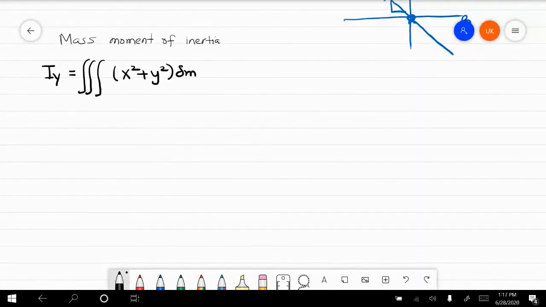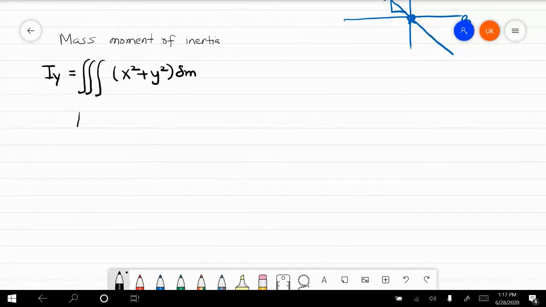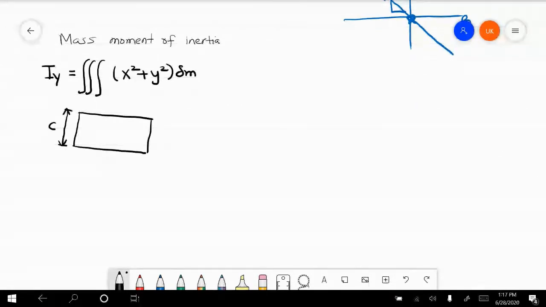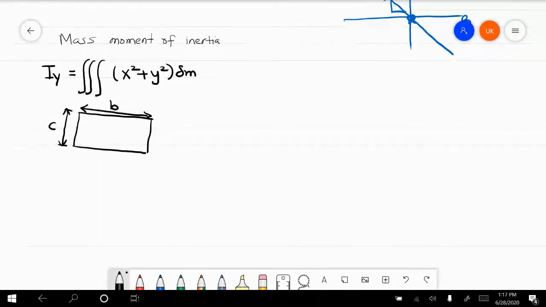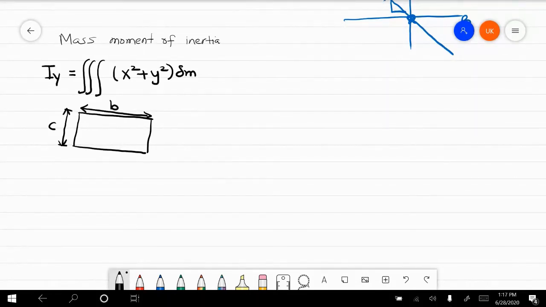So for the case that we are dealing with, we have a plate which has a dimension of length c and a dimension of length b, and this is going to rotate up and down.